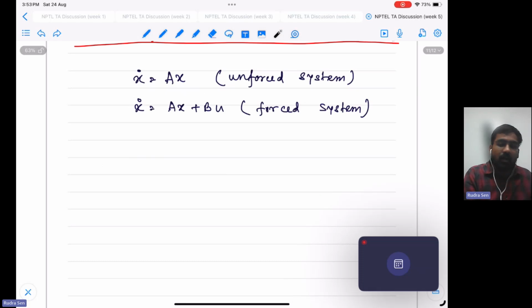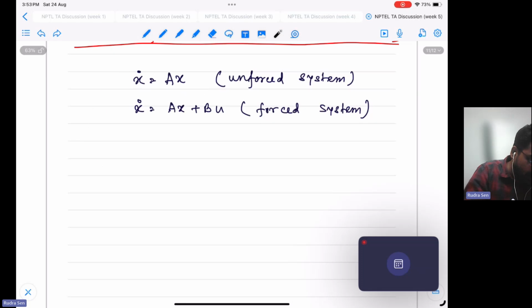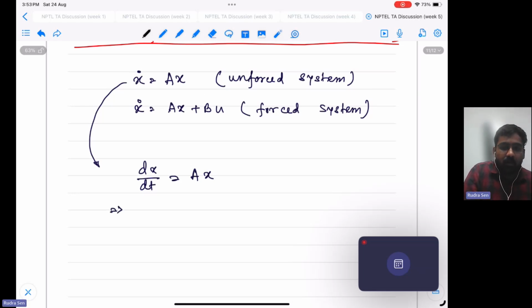So here I'm going to talk about the linear system. For this unforced system, this is basically dx by dt equals Ax, we all know. So if we integrate it, consider t0 equals 0.